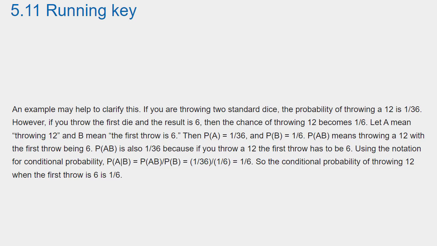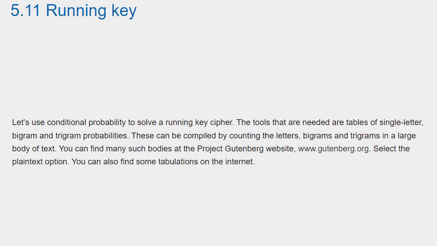P(A and B) is also 1/36, because if you throw a 12, the first throw has to be 6. Using the notation for conditional probability, P(A|B) = P(A and B) / P(B) = (1/36) / (1/6) = 1/6. So the conditional probability of throwing 12 when the first throw is 6 is 1 over 6.